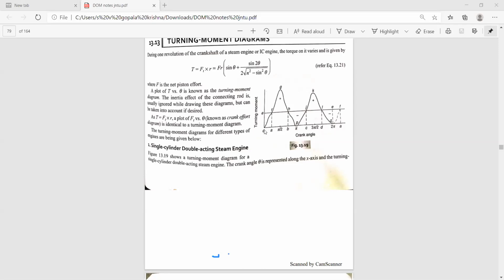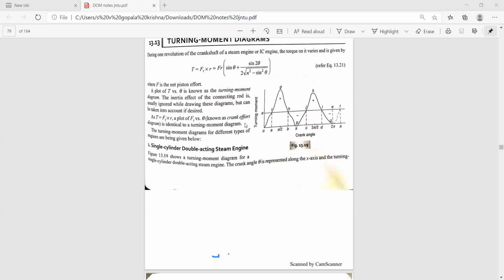In this we draw the turning moment diagram, all of you observe that. It is a curve formation. So O to G, G to P, P to K, and K to Q. You get this type of turning moment diagram, and we also draw the mean torque line.